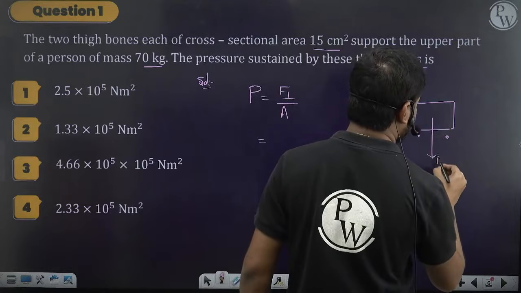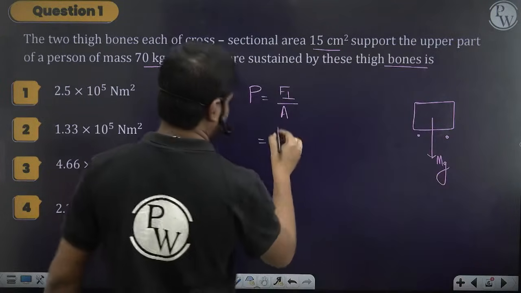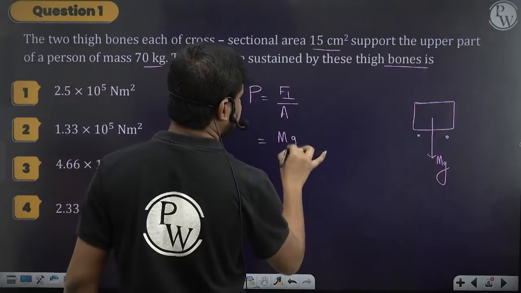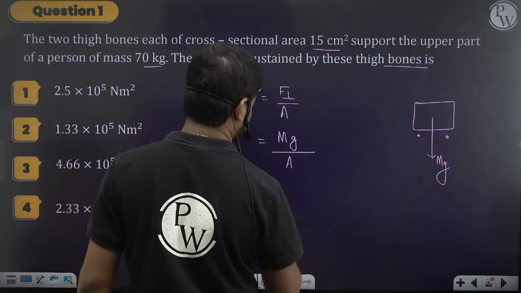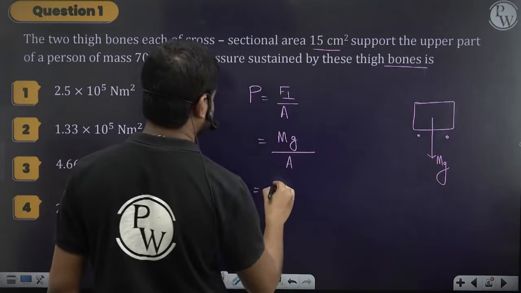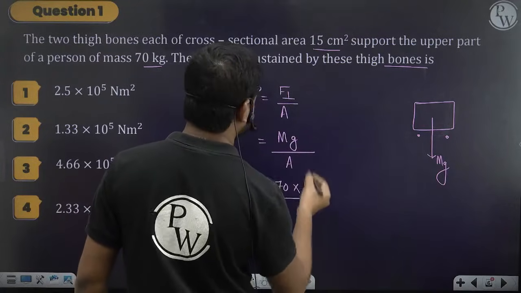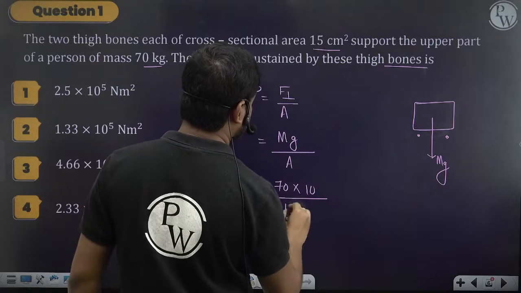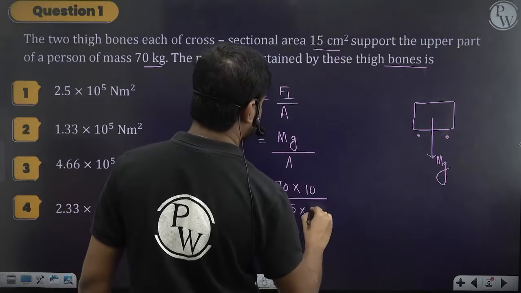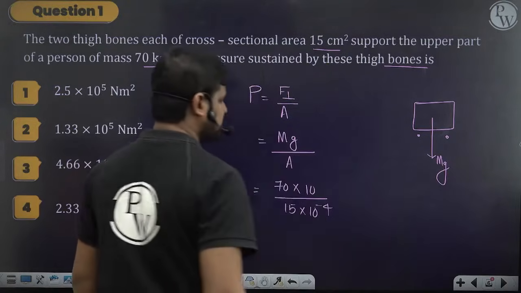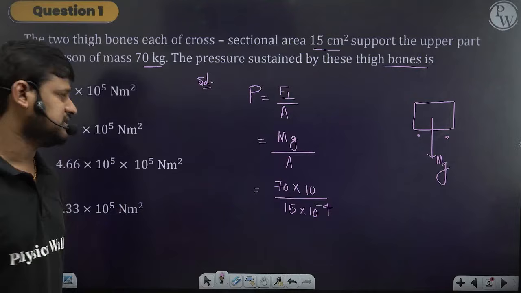Let the weight be mg. In place of force I am writing mg by the cross-sectional area. So mass 70 into g 10 by 15 into 10 to the power minus 4. Yes or no? I am converting it to meters, right?